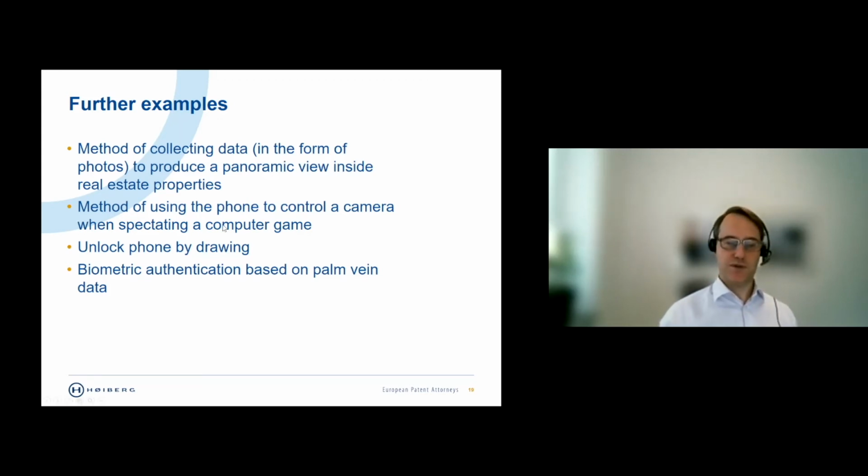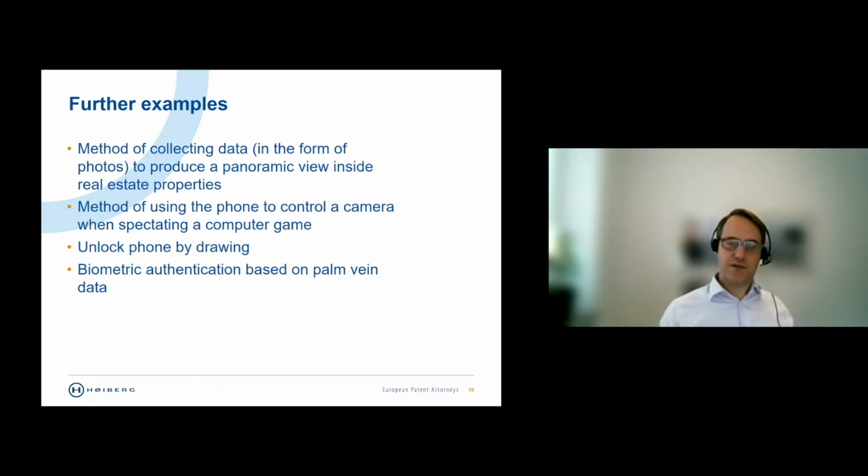That could also be examples. But as you can see, and we always get back to that, you have these technical effects and the technical character. It's always there, and as you can see, it's always based on some kind of input to the phone, more or less.